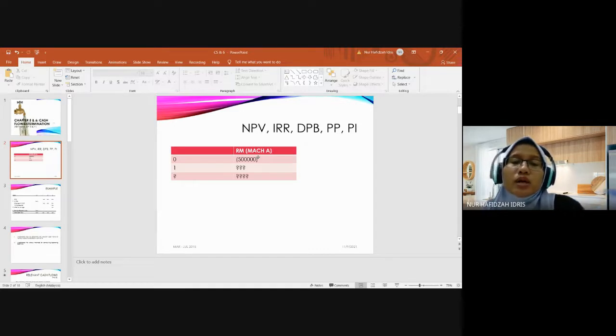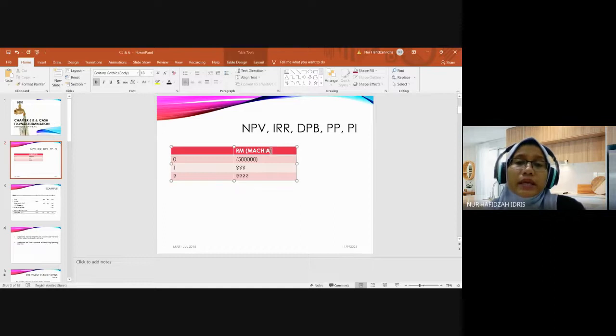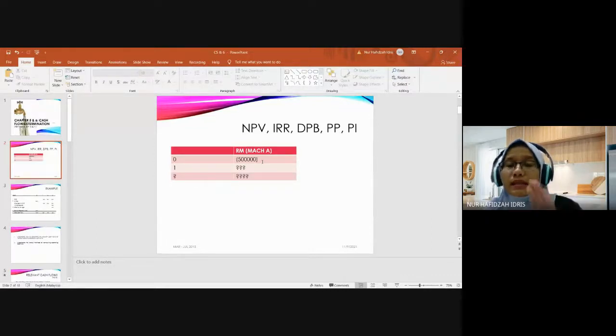Therefore you need to hire specialized workers, someone who has the specialty on how to handle machine A, and the cost of hiring those special workers is 10,000, for example. So that 10,000 we consider as incremental cash flow. Why? Because if you do not buy this machine, you do not need to pay that 10,000.